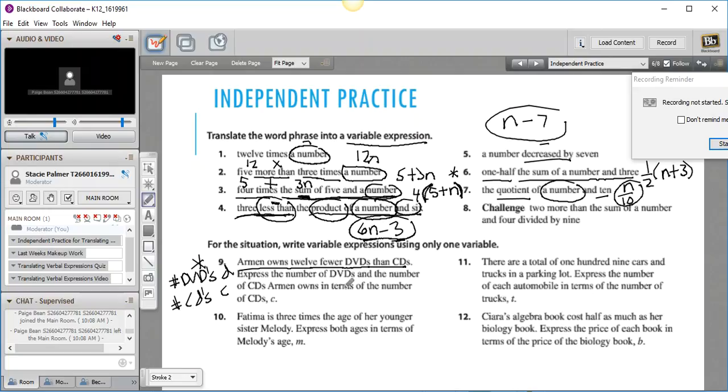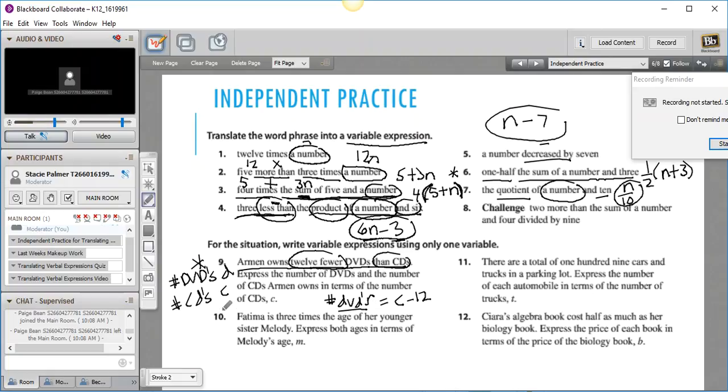So the number of DVDs, we know that it's 12 fewer than the number of CDs. So if we take the number of CDs and we subtract 12 from that, that's going to give us his number of DVDs.